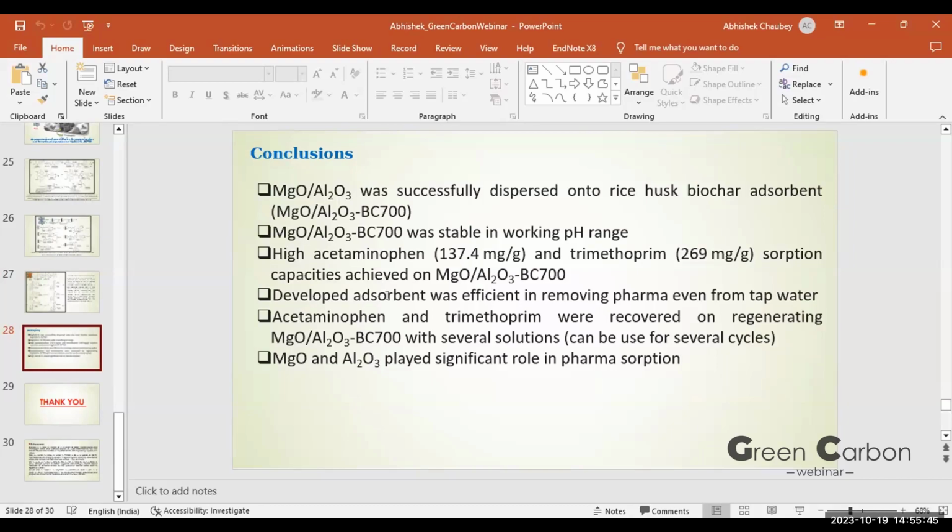The developed adsorbent was also able to remove the pharmaceuticals from tap water, and regeneration was carried out for 3 cycles with good results. So we can say that the developed adsorbent is robust, and it can be useful for other pharmaceuticals in the same category, like NSAIDs and antibiotics.